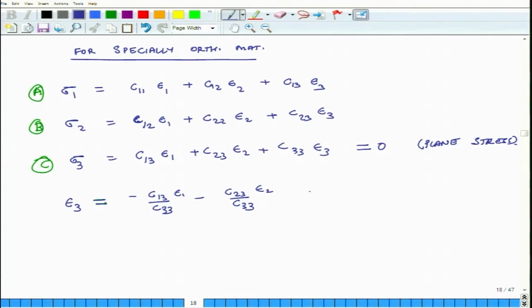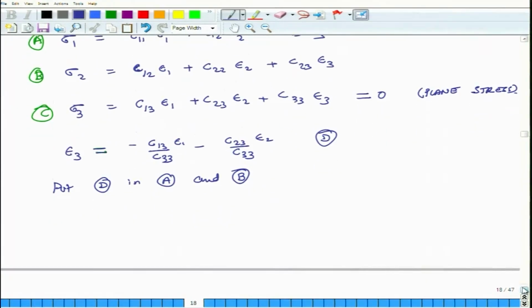Okay. So, this is equation D, and we put D in A and B.